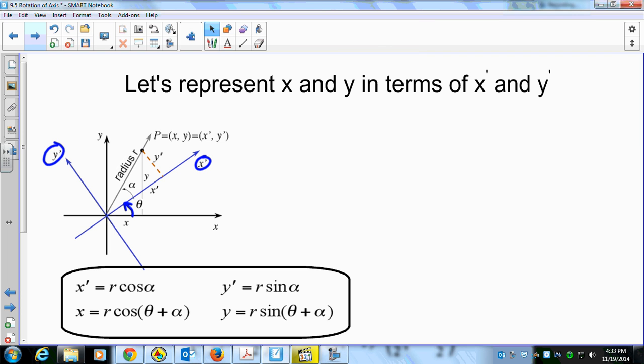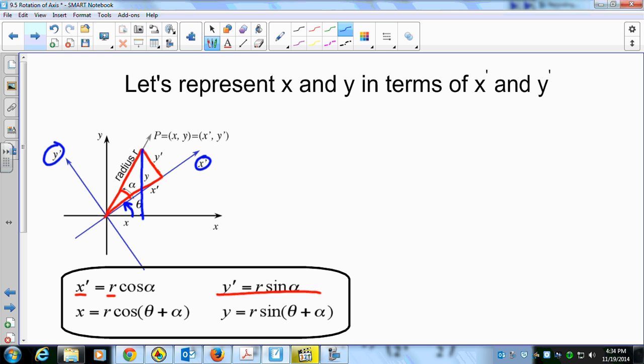Looking at this triangle here, where this is our alpha, this is our radius r, and then we have cosine of alpha, because cosine deals with our adjacent side and our radius, so we get our x prime value there, and then we get our y prime value there, very similar to our polar coordinates, thinking sine with our y.